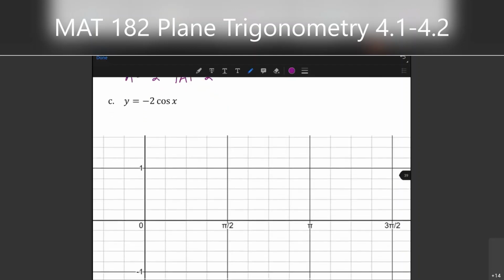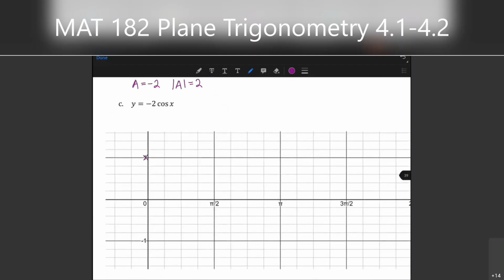So for this one, we again change our values so we have our correct amplitude at 2 and negative 2. And since we have a negative 2 to start, if I consider negative 2 cosine of 0, where my starting point would be, well, if x is equal to 0, cosine of 0 we know is equal to 1.